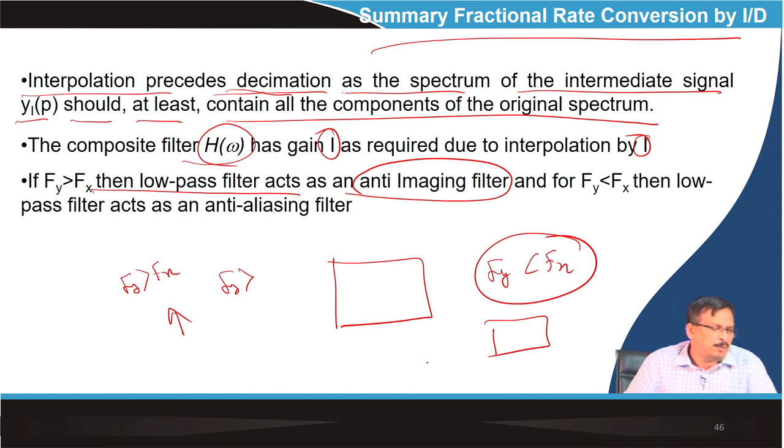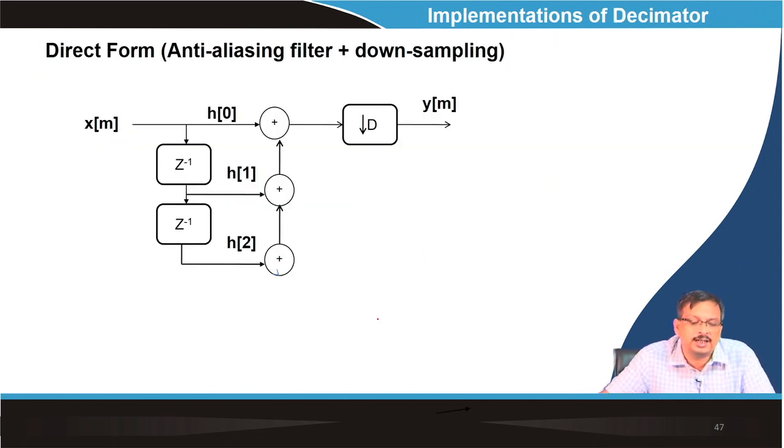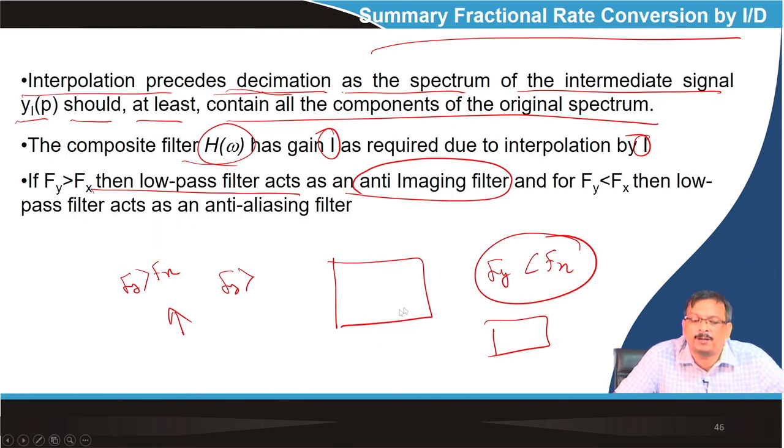Okay. So, now suppose I give you a problem: write down the fractional sample rate conversion signal flow diagram or the block diagram for converting sampling frequency. Let us say I have a signal x of n, and the sampling frequency of x of n is 10 kilohertz.